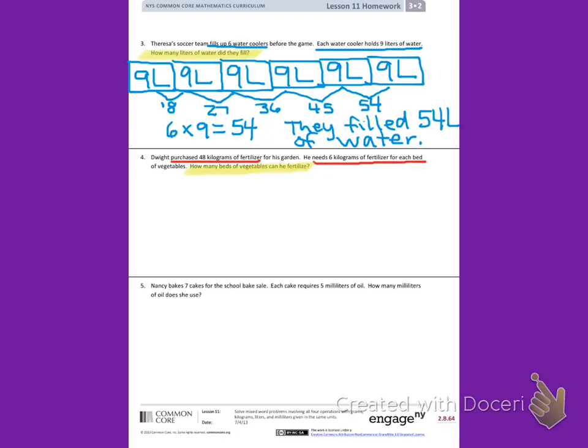Now I'll use a tape diagram similar to the way I did question 3. I will go ahead and draw one rectangle with a 6 kilogram label because each bed of vegetables needs 6 kilograms of fertilizer.